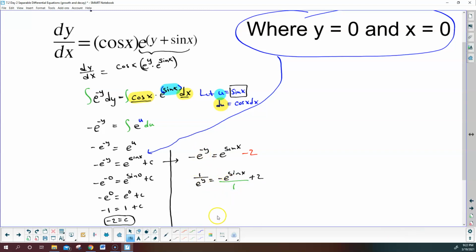So I'm going to reciprocate that, which you don't have to. You could do this other ways. This is just one method of doing it. So I'll reciprocate both sides, and this should go all the way over. So that gives me e to the y equals 1 over negative e to the sine x plus 2.